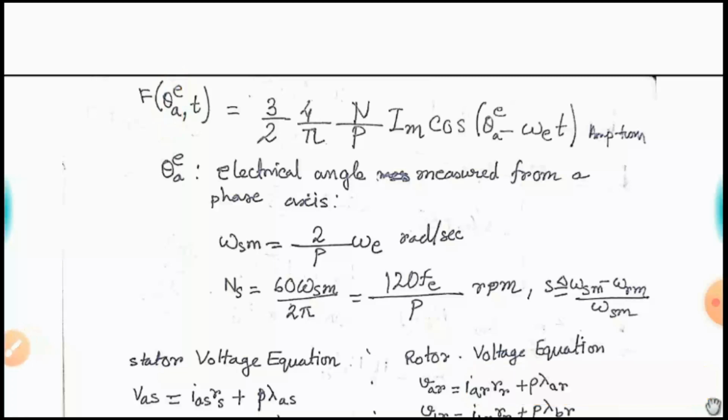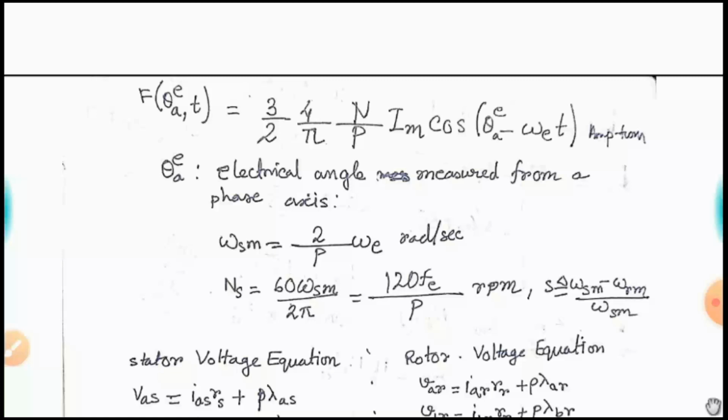Then the remaining term is 4.44 k omega N, where k omega is our winding factor. Although I have not mentioned the winding factor, this N is actually k omega into N, because mentioning k omega would complicate the overall understanding.